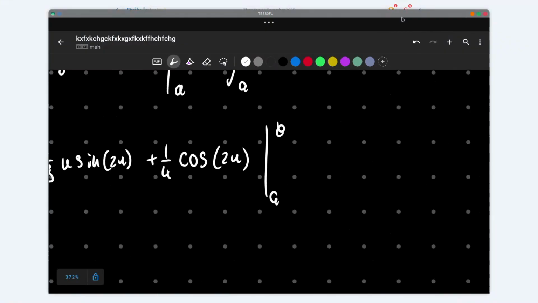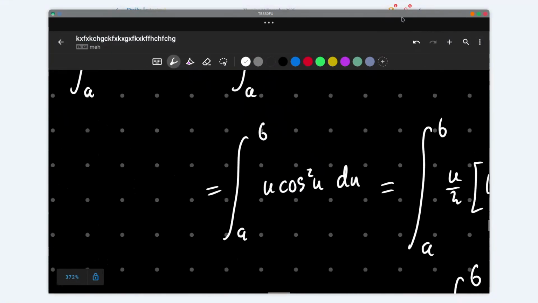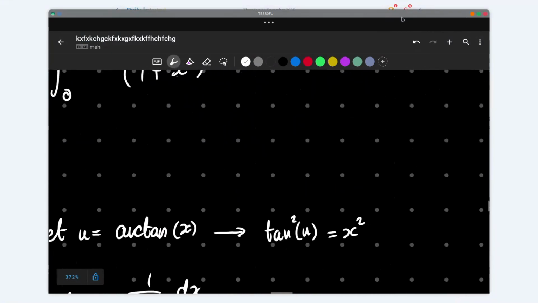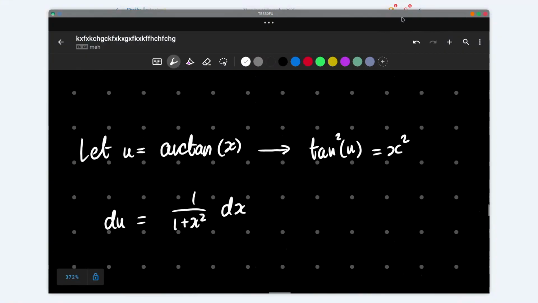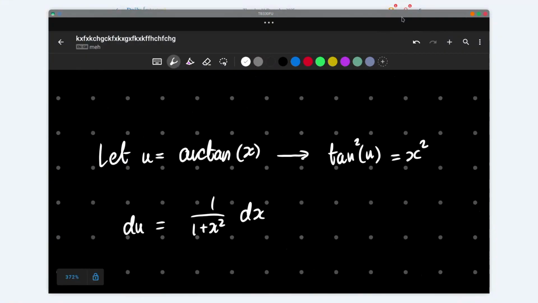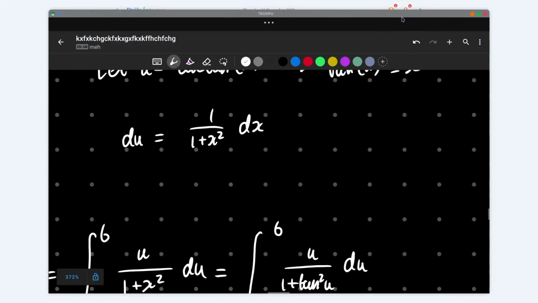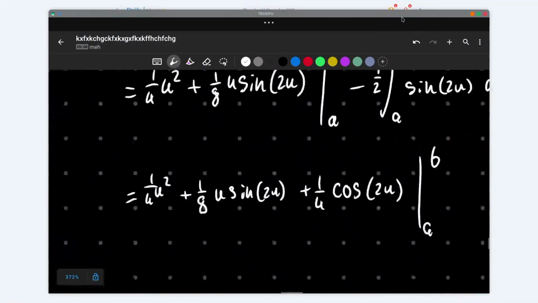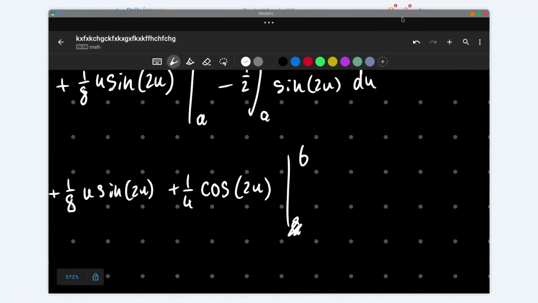From a to b, I forgot what a and b were. What was our substitution even? Yes, I have a cold, so my nose is slightly nasally. If you plug in 0 here, you get 0, and if you go to infinity, you get pi over 2. So it's just 0 to pi over 2. Okay, sick.